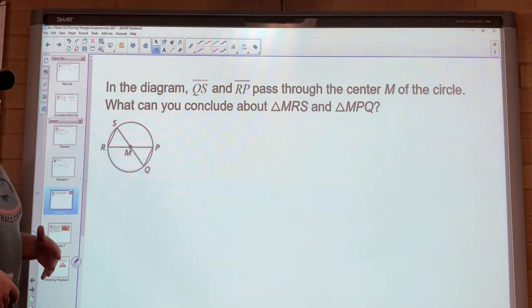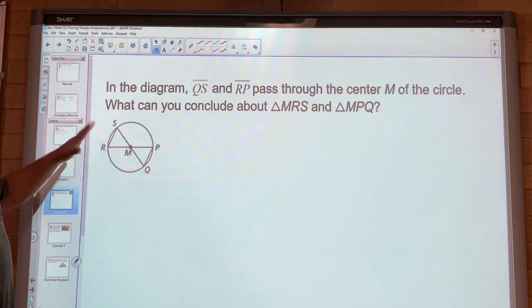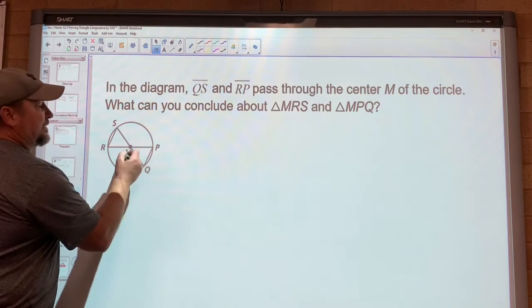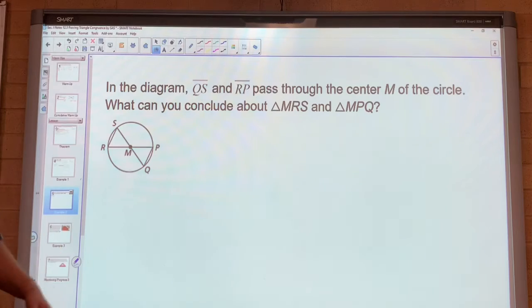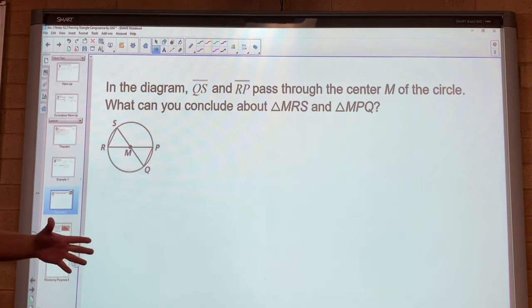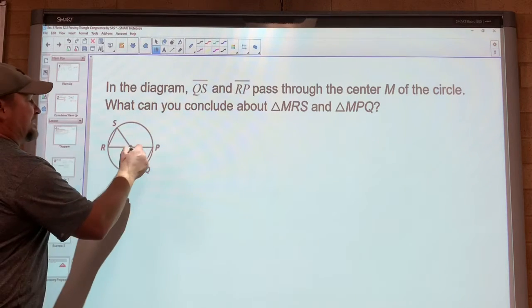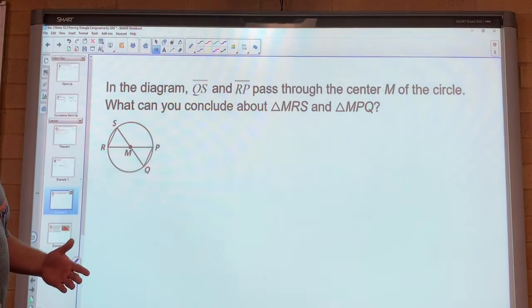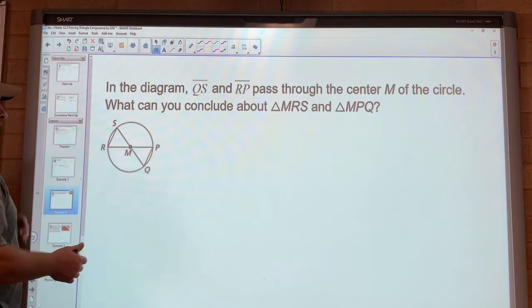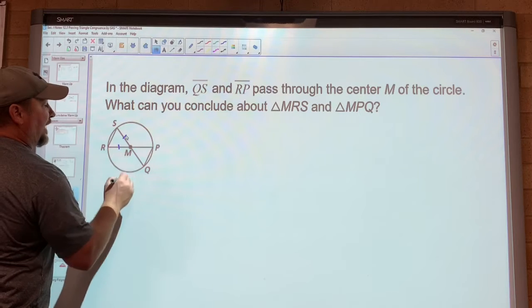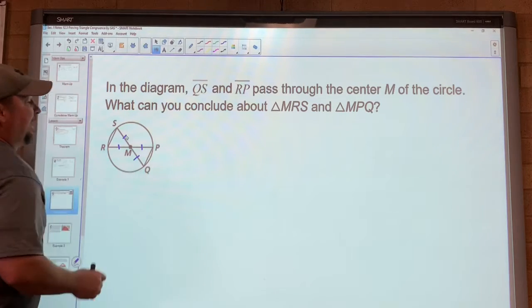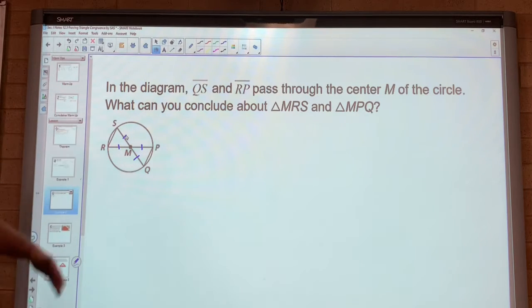But what else do we have creating in this shape besides diameters? Well, we have radiuses, and we call them radii plurally. So the moment you have radii in a circle, all the radii in the circle are congruent. Every single radius in this thing will be congruent. So this one will be congruent with that one, this one will be congruent with that one, and so on, because they're all the same radius.